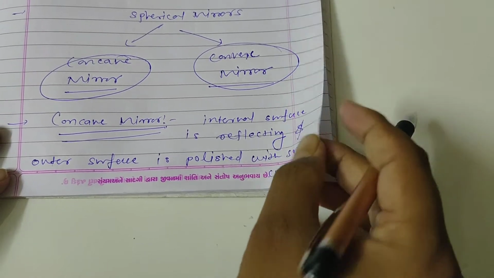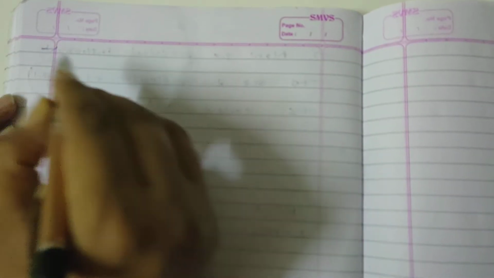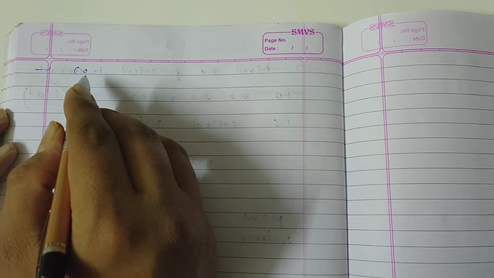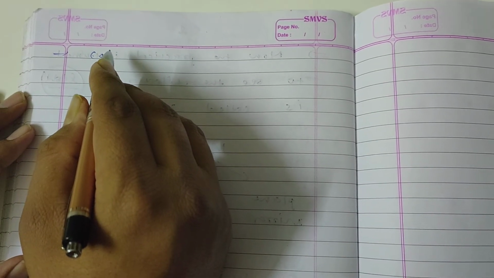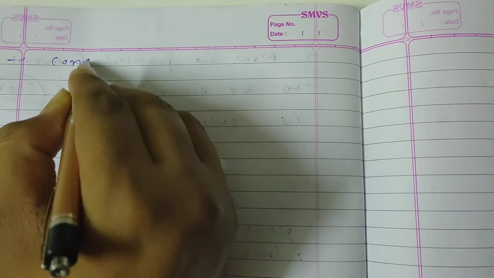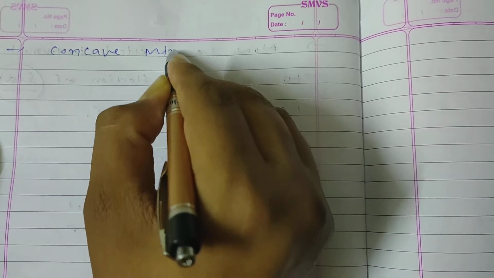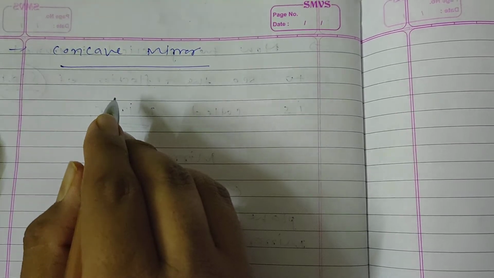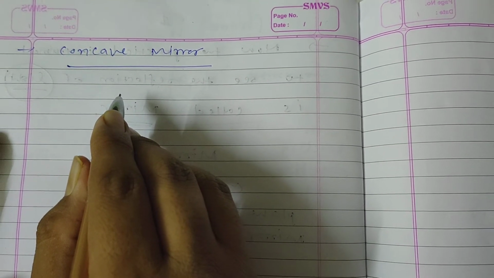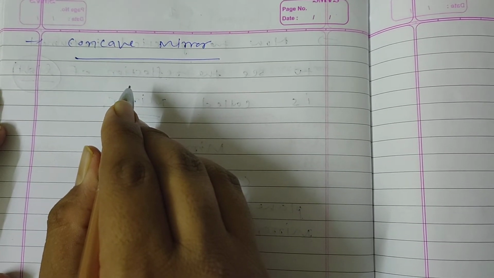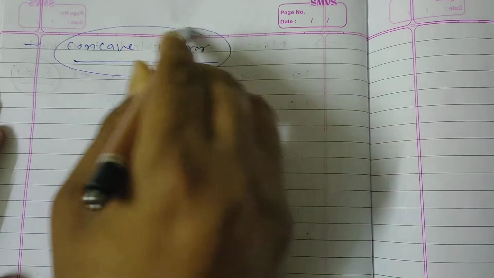Now we will go on a second page. Convex and concave are also differentiated according to their behavior. With the help of concave mirror, we can get a real and inverted image of an object.